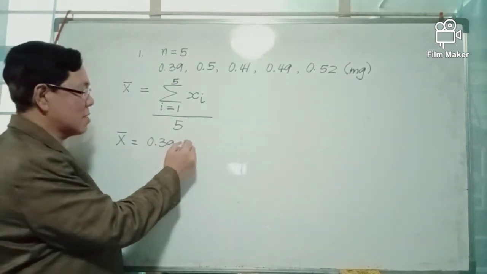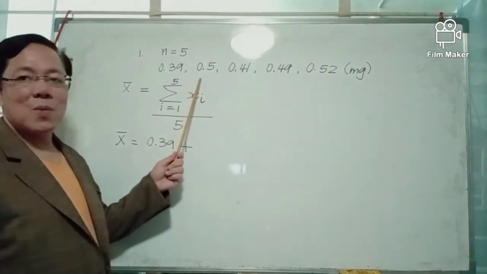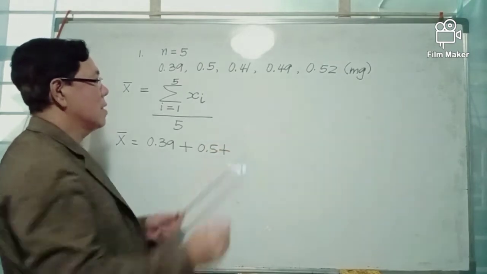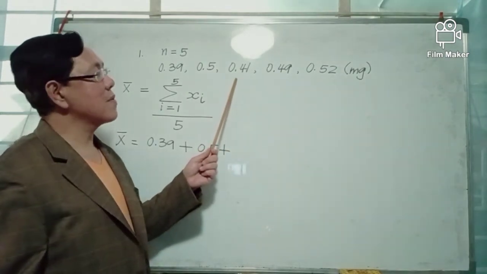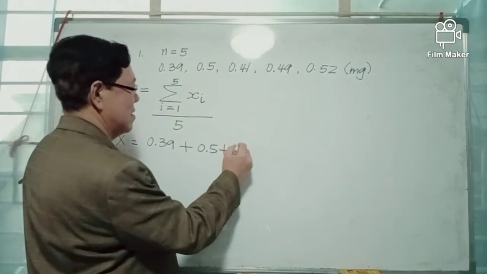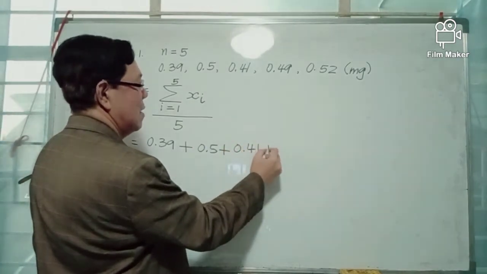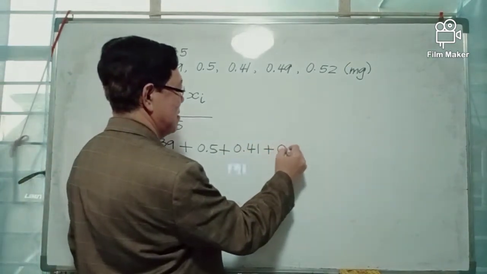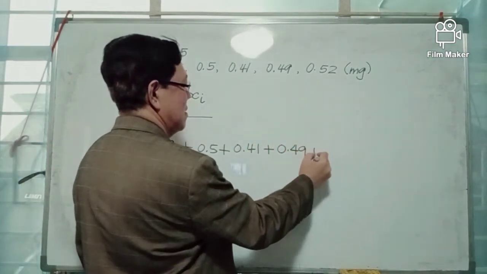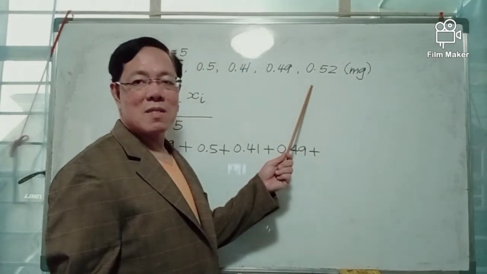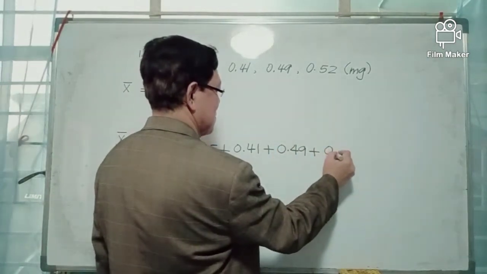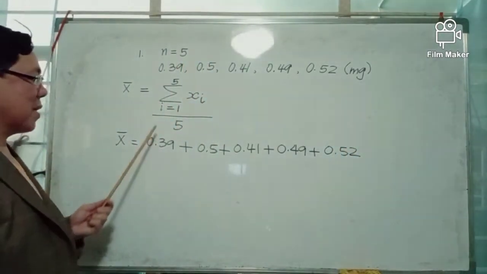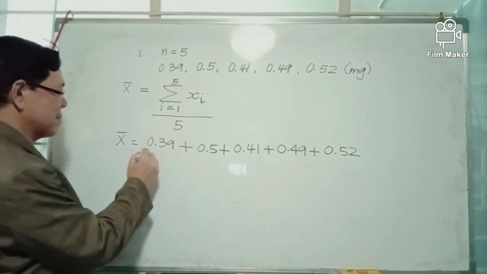Thus, we write plus 0.5 plus 0.41 plus 0.49 and plus 0.52. And the sum is divided by the sample size 5.